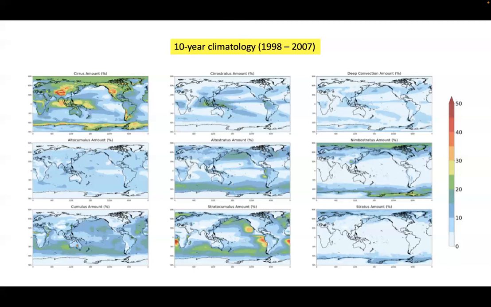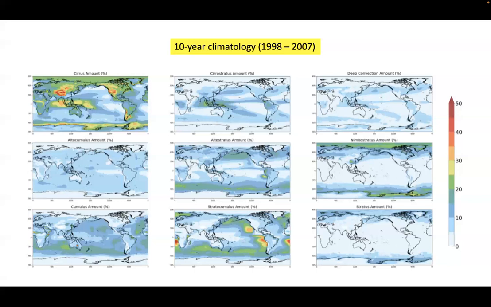The stratocumulus clouds primarily reflect sunlight, but they do not trap much infrared radiation because their top is so low. Their temperature is very similar to the surface. For deep convection, they also reflect sunlight, but also trap infrared radiation, so they interact with both. And deep convection also generates a lot of rain. And there's a third reason for deep convection, which I'll come to in a second.